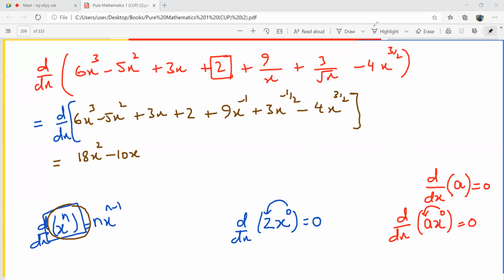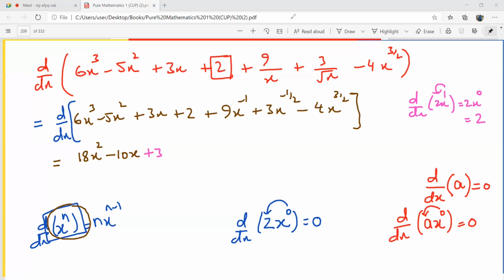If you have d by dx of, let's say, 2x, the power is 1 here. So 1 into 2 will give you 2. And the power left on x would be 0. So that is why this is going to be 2. Similarly, the derivative of 3x would be plus 3.